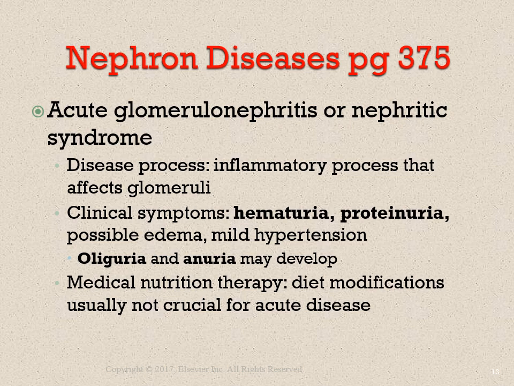So if there's a condition like that, then they don't usually need a long-term diet modification. They treat the underlying cause, and once they treat that underlying cause, this will go away. That's at the bottom where it says usually not crucial for acute. So those acute problems are not usually significant.